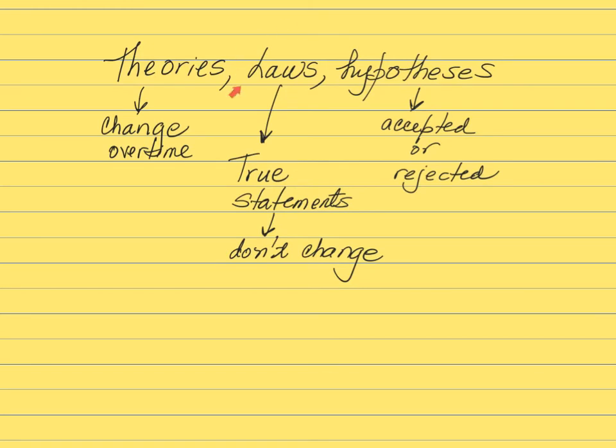Now the law. Laws are statements that are always true. They do not change over time. Yeah, I was talking about gravity. It's not the same, the theory of relativity and the gravitational law. If you throw a ball in the air 1,000 times, 1,000 times that ball is going down to earth because of gravity.